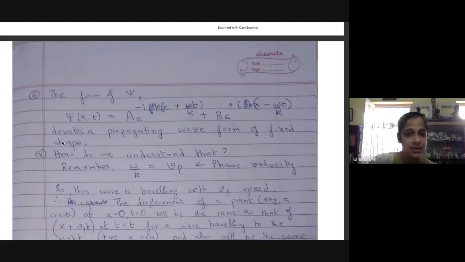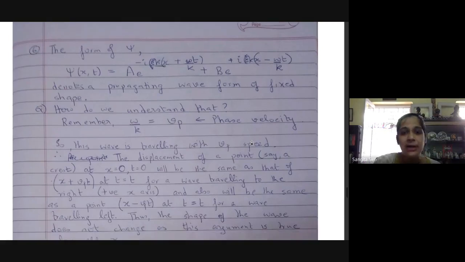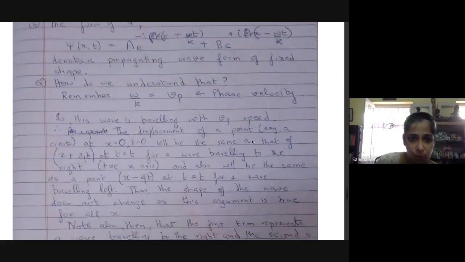But from the form of psi that we obtained here, we see that it is a fixed form wave packet. So a free particle in one dimension is a fixed form wave packet. So how do we understand that? It may not be obvious, so we will look at it a bit more closely.